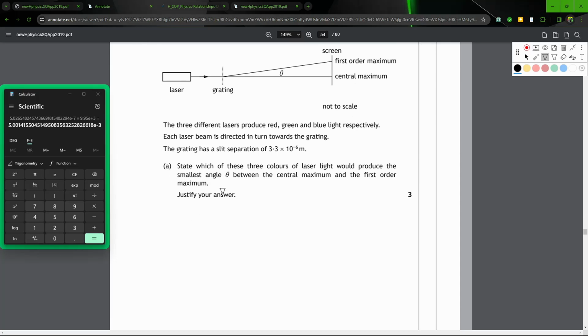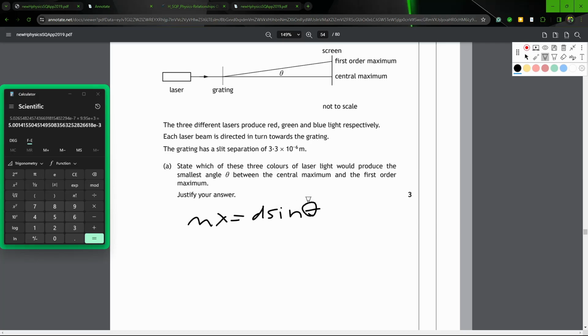So I usually do this by calculation, but if you did it by calculation, you'd have to calculate for 3 colors of light, and that's kind of boring. So let's just look at the equation, right? You can do it just to double check, but let's try and do it wordy this time, maybe just to switch things up. So we're looking at this.